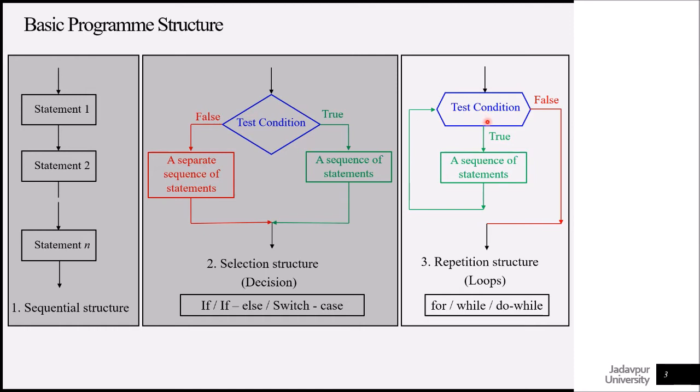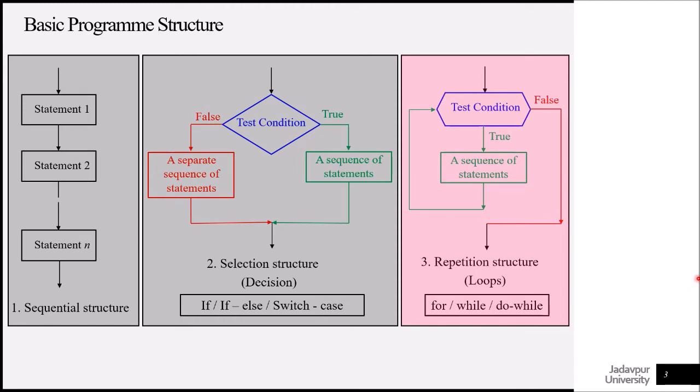So the block of codes is repeatedly executed till the test condition becomes false. Once that happens, the control exits the loop and continues to the next statement after the loop. Such iterations or loops can be set up using while, for, and do while statements.